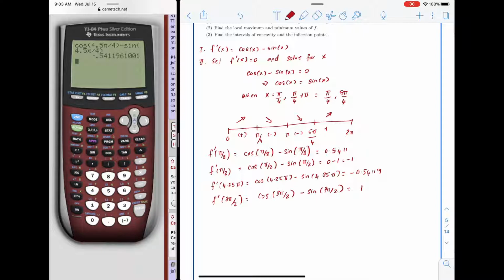So let's see if this picture holds true. So I am going to do sine x, the original function, sine x plus cosine x, and graph.